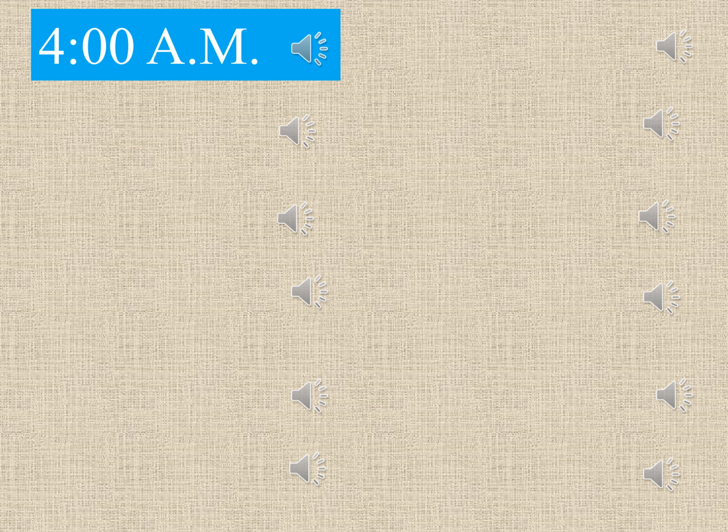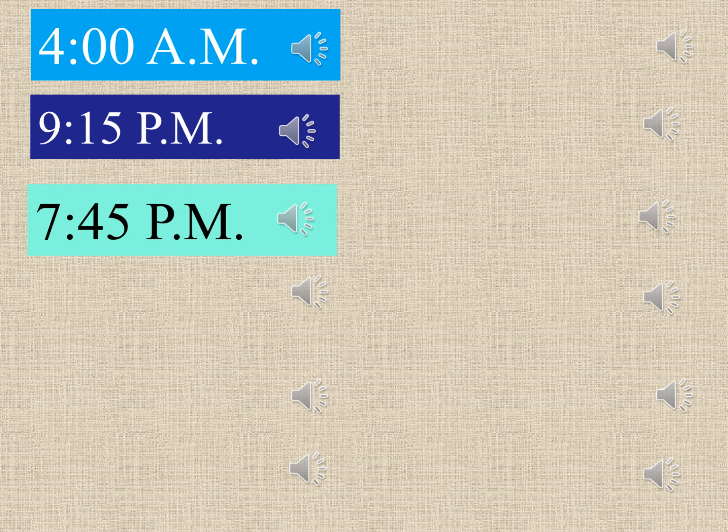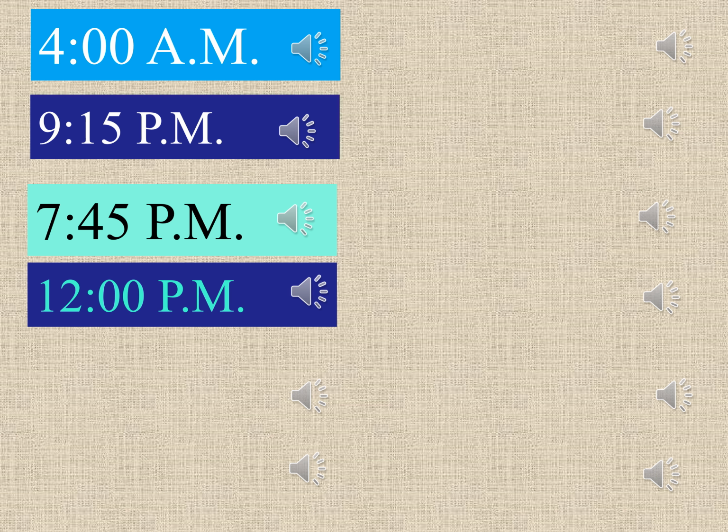Son las 8:15 de la noche. Es mediodía. Son las 3:05 de la tarde.